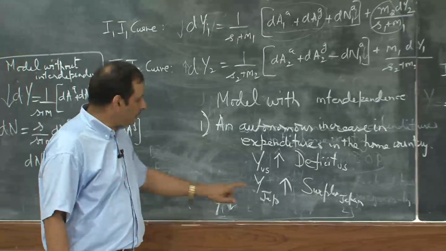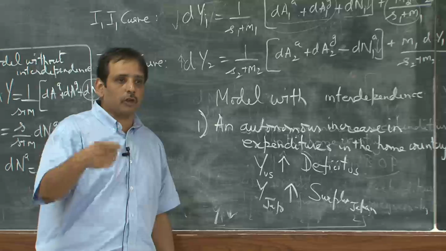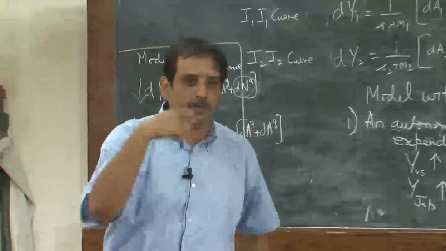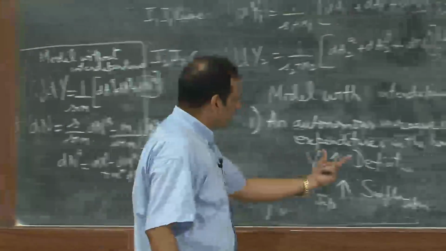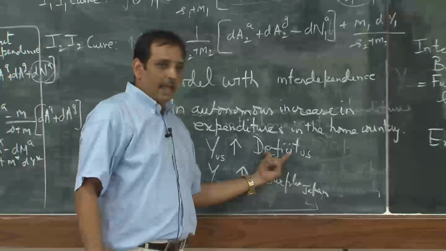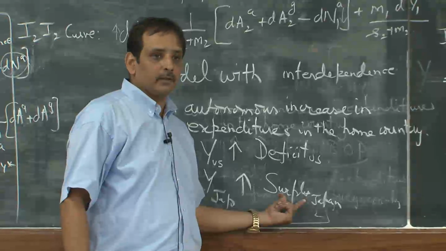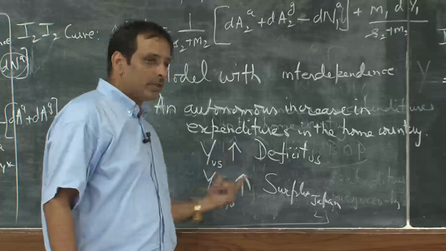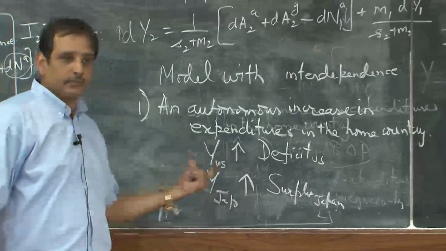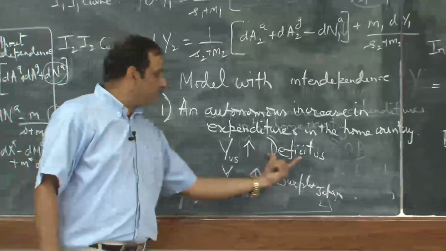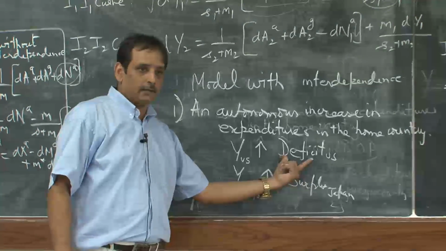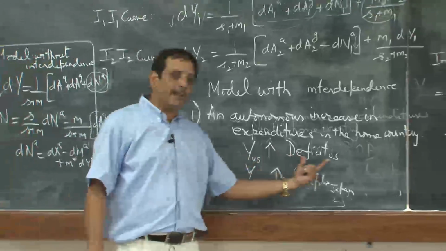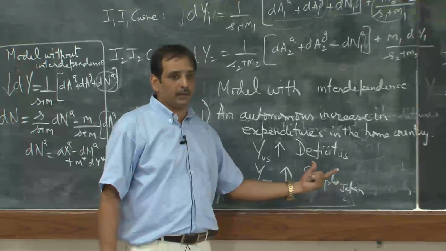What do you think will happen in Japan if there is an autonomous switch in expenditure here from foreign to domestic goods? So the deficit can be taken care of here, and so will be the surplus there. But then what will happen to the incomes? If this DNA term improves, incomes go up. But when the DNA terms improve here, they deteriorate there.